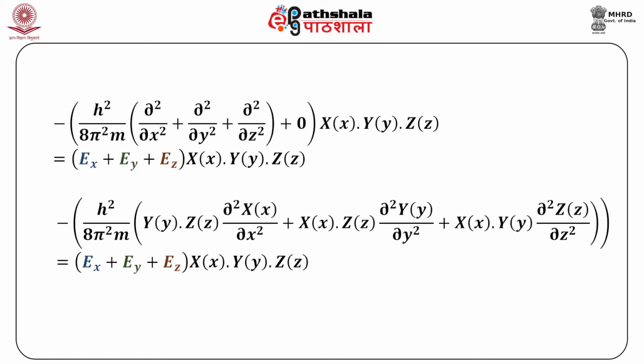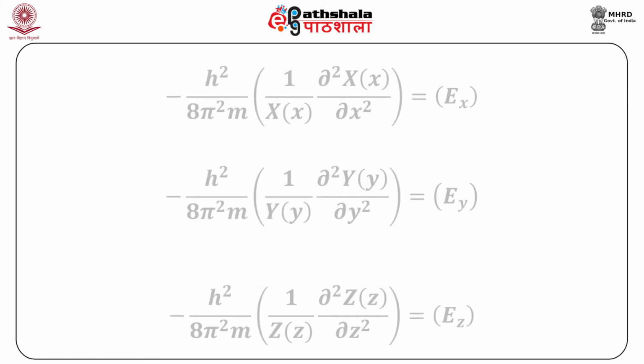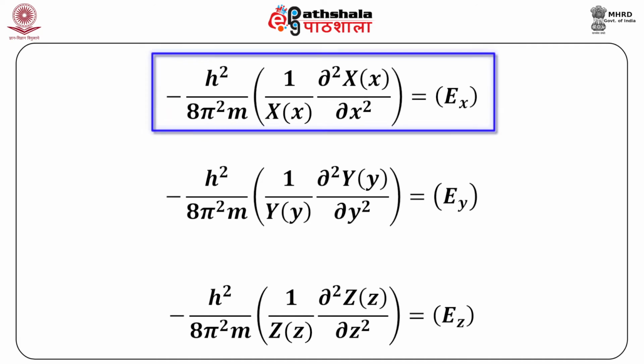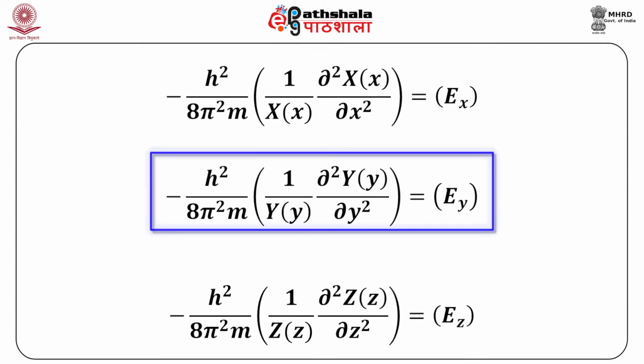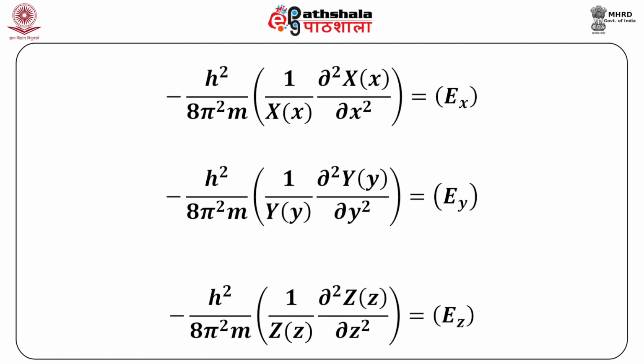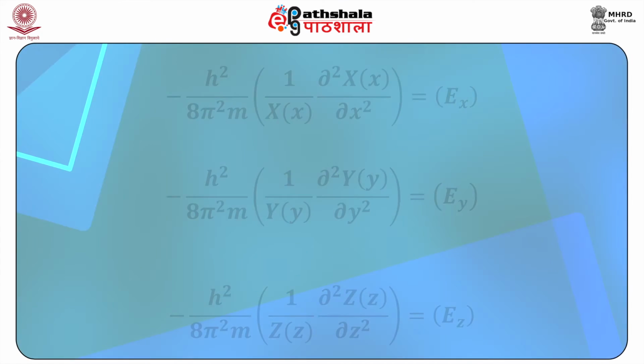Now, if we simplify it further, as you can see here, we get three independent equations. One which is a function of x, another equation which is a function of y, and the third which is a function of z. So getting these three equations is very easy.